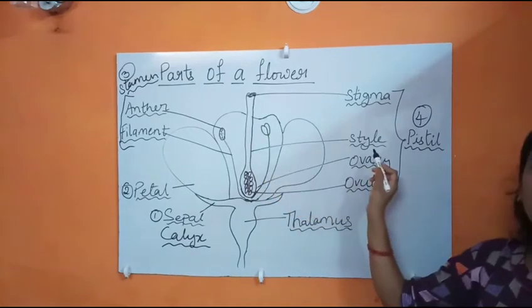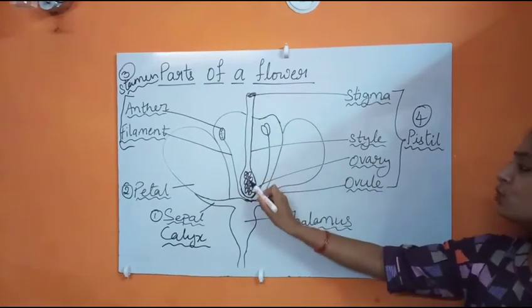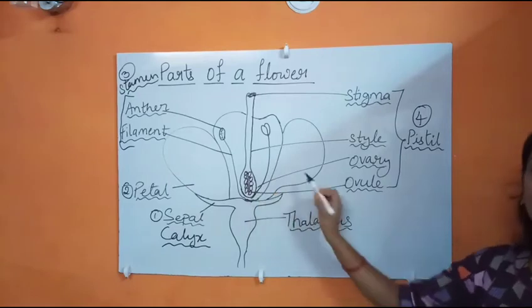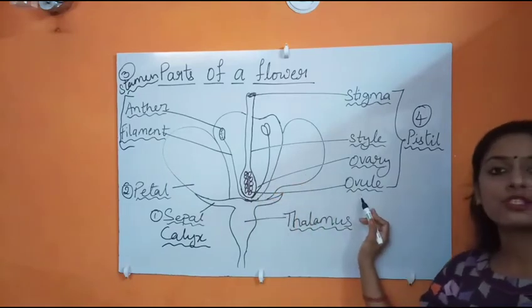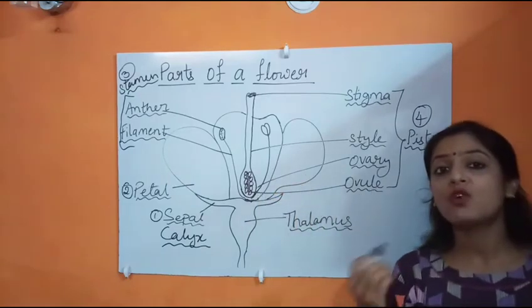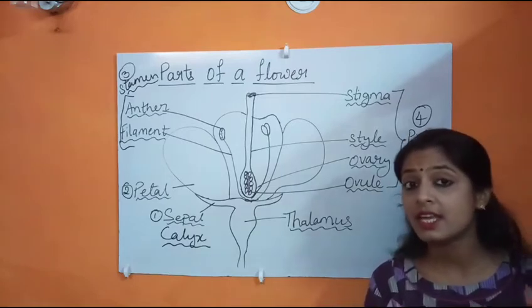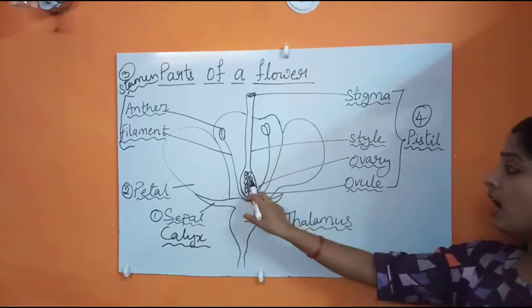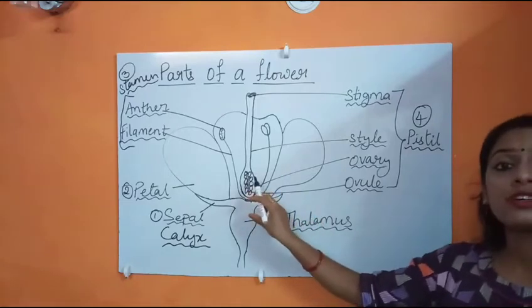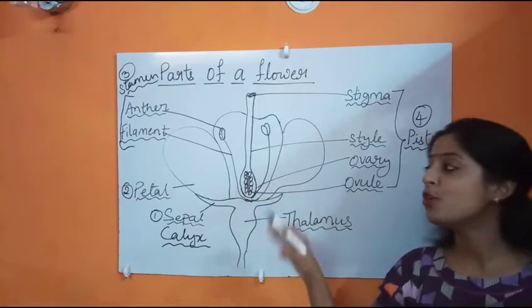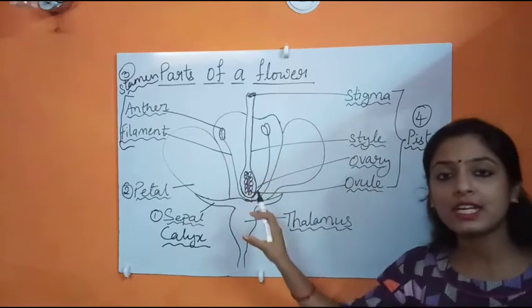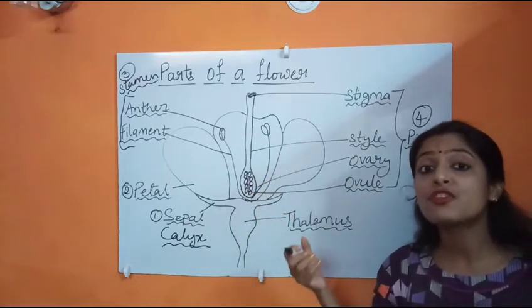It is style, which is the passage to the ovary, and ovary contains ovules. You must have found seeds while eating fruits. So fruits contain seeds, and seeds are these ovules, which are formed later when a flower, after fertilization, forms fruits.